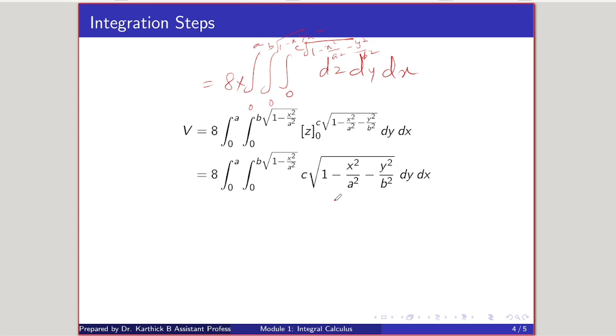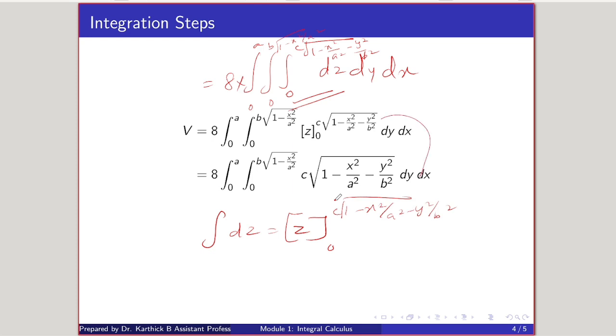Okay, so now first we will evaluate the inner integral. The integral of dz will be z, and then we apply the limits, so c times the square root of 1 minus x square by a square minus y square by b square.